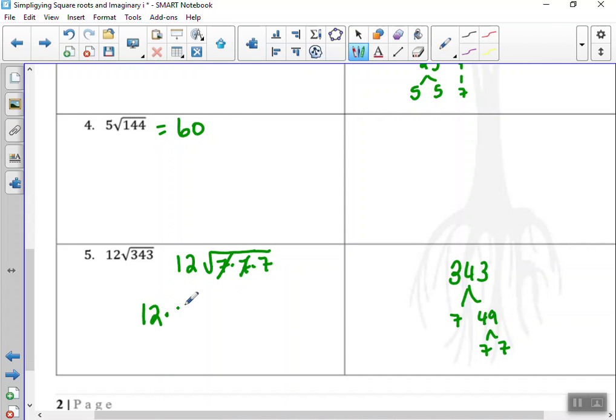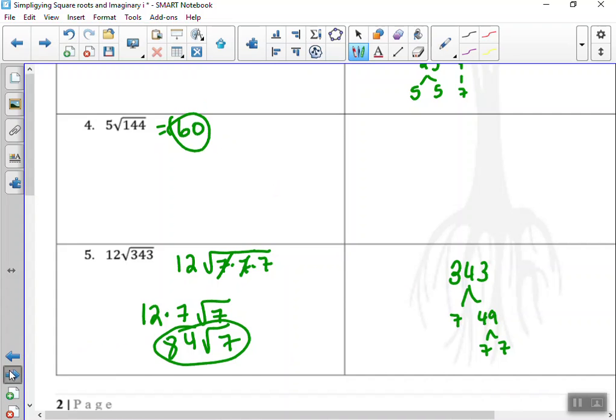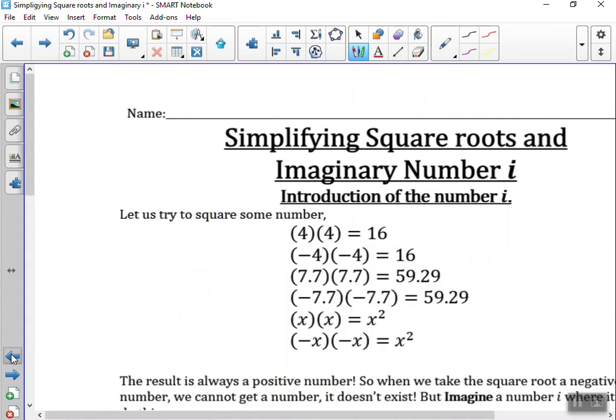So you're going to do 12 times 7, square root of 7. 12 times 7 is 84. That is my answer. I think we're going to do this tomorrow.